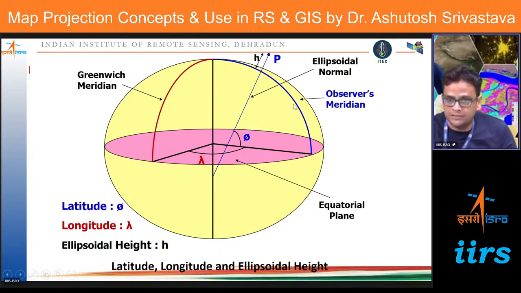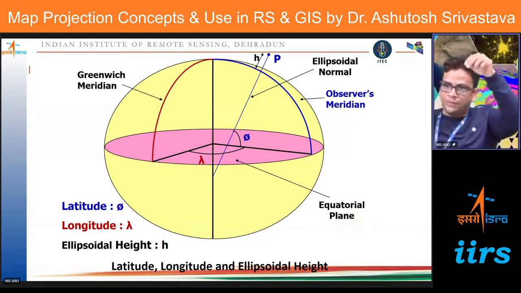Suppose point P is there. From point P, we draw a perpendicular to the Earth surface, the blue line which is coming. Now when we draw this perpendicular onto the Earth surface, it will pass through the surface somewhere, and from wherever it passes through the surface, one meridian will be passing.